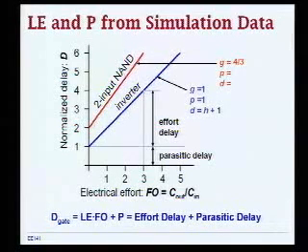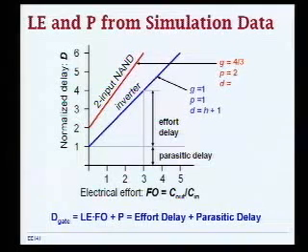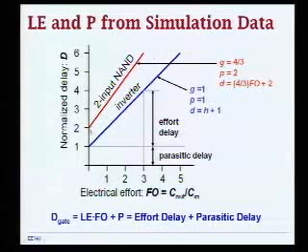It's basically just the fan-out plus the parasitic delay, because logical effort is 1. Now over here we have logical effort 4 over 3, parasitic delay equal to 2, and finally the delay is equal to 4 over 3 times fan-out plus 2. So the slope of this curve is logical effort, and the intersection with fan-out equals 0 is your parasitic delay.